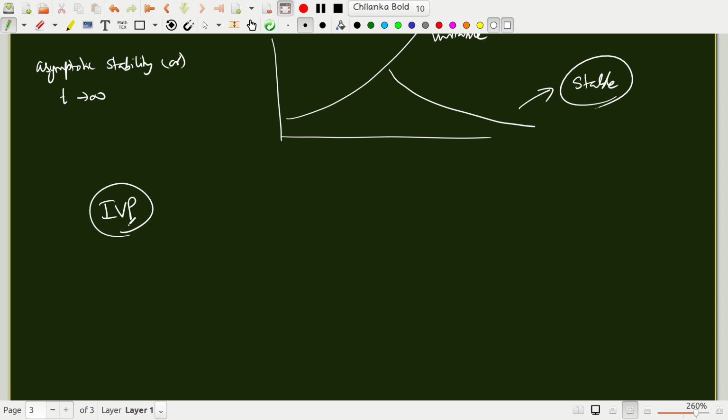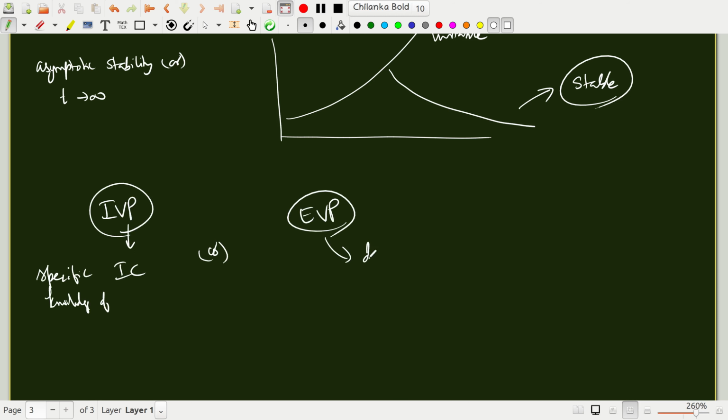You can solve the initial value problem if you have specific knowledge of the initial condition, or you can solve the eigenvalue problem where you do not need the specific knowledge of the initial condition. But the eigenvalue analysis will predict only asymptotic stability. By asymptotic, I mean t going to infinity, large time stability.